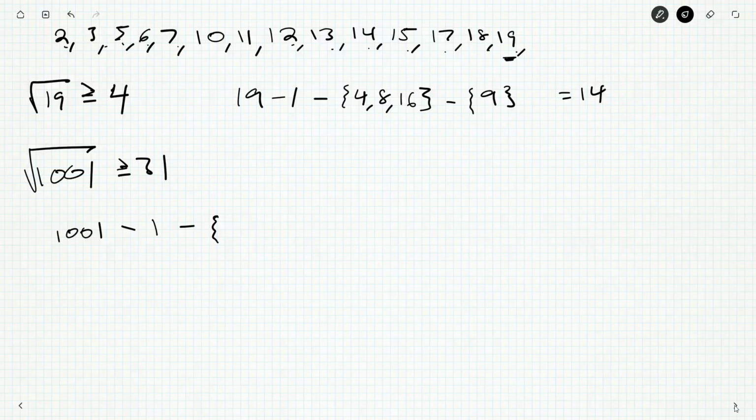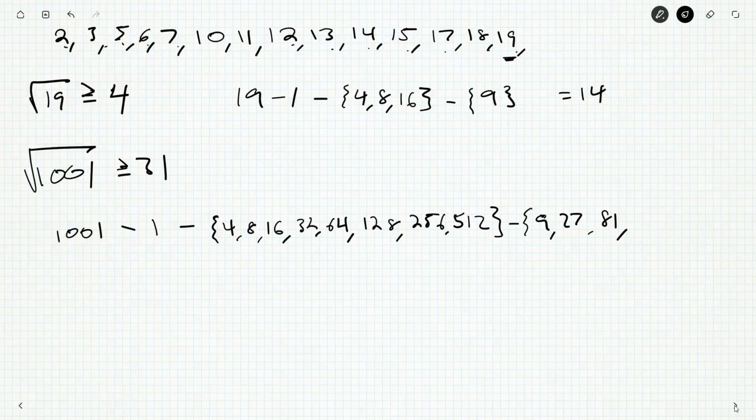That said, we could just write them out. 4, 8, 16, 32, 64, we're going to keep going here. 128, 256, 512. And then the next one would be 1024. That's not on our list. Powers of 3, we'd have 9, 27, 81.